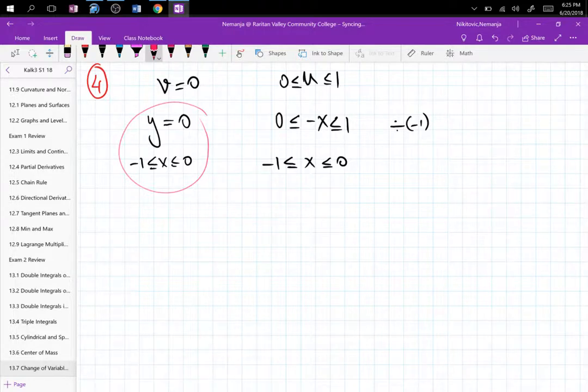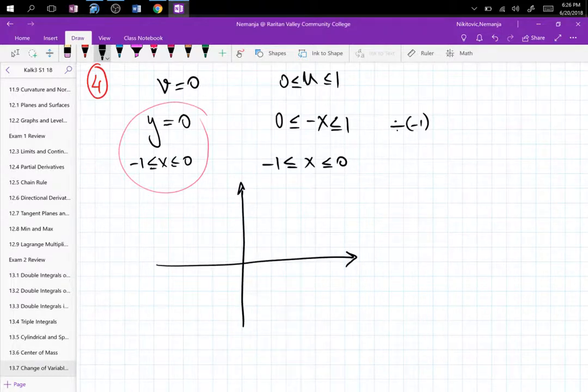All right, so let's draw the new region, the transformed region. So now my coordinates are x and y because all of my equations are in x and y. So the transformation helped us eliminate all of the u and v variables and left us only with x and y variables, which is what we can deal with.